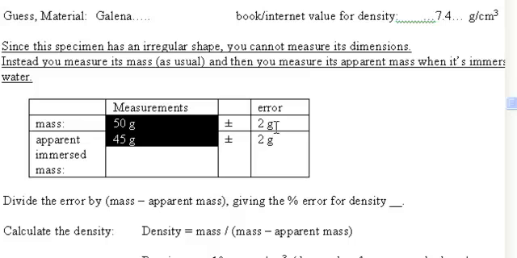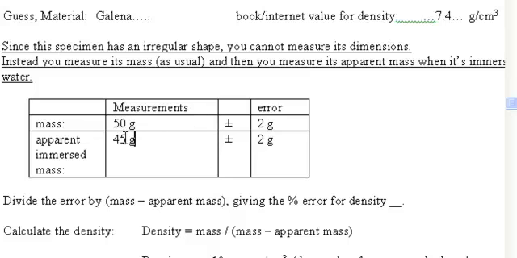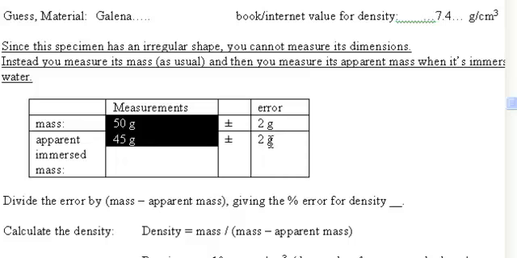Now that error of 2 grams is relatively large. Take, for example, had I not measured 45 but 46, and had I not measured 50 but 49, now I have a difference of 3, and now my error of 2 grams is pretty huge.